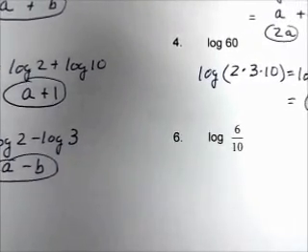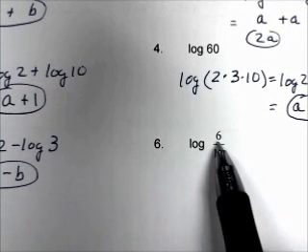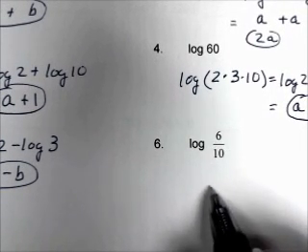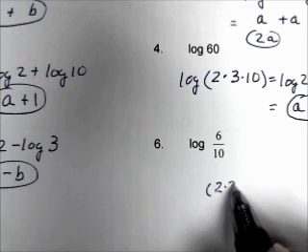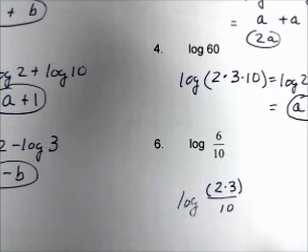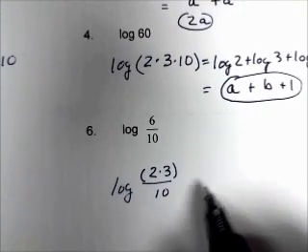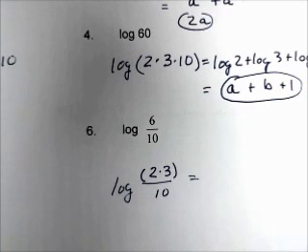Number 6, we have log of 6/10. We would write 6 as 2 times 3, and 10 can stay. So we have log of 2 times 3 divided by 10.